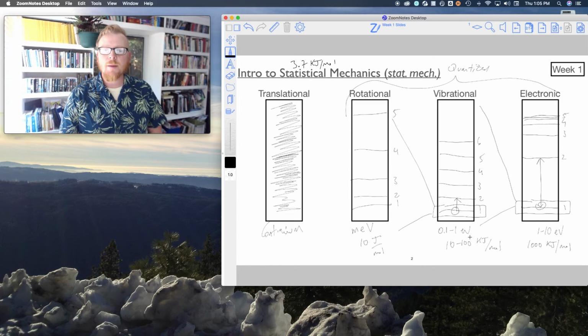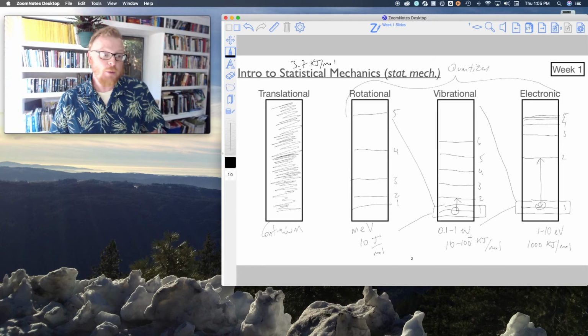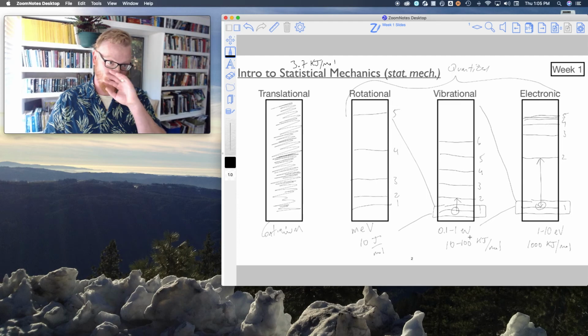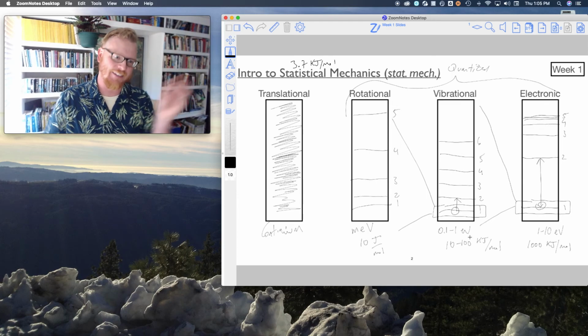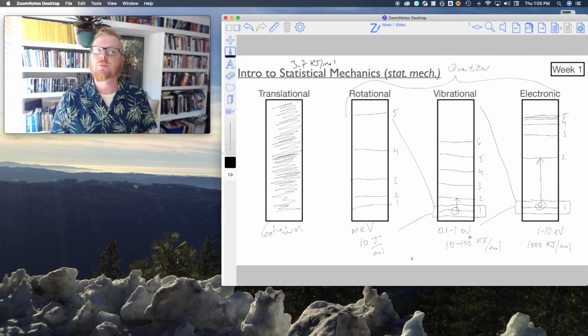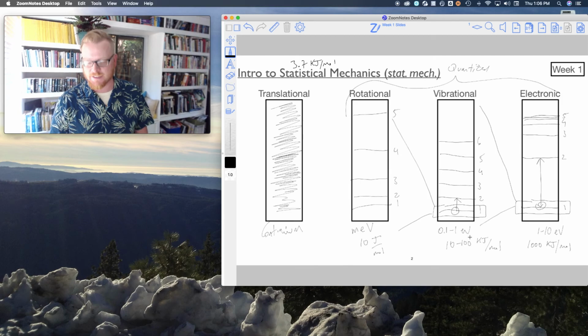But even so, 3.7 kilojoules per mole is not enough energy to reach an elevated vibrational level, even though technically a noble gas doesn't have a bond to vibrate on. But if we had a similar molecule with that kinetic energy, it has to exist in the ground vibrational state.